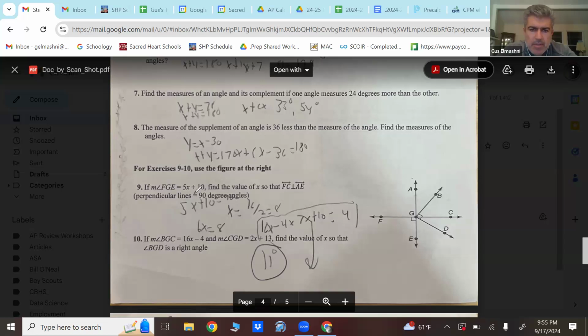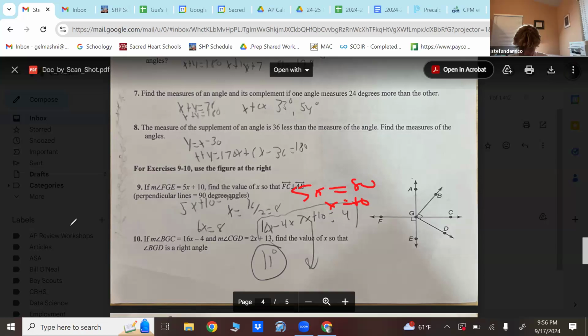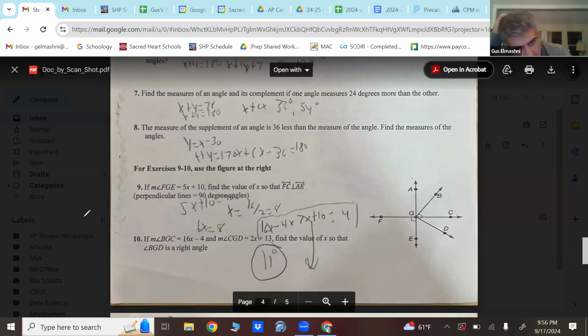Yeah, so 5x equals 80. X is 16. Yeah, okay, that's pretty easy then. And then fine for this one here.